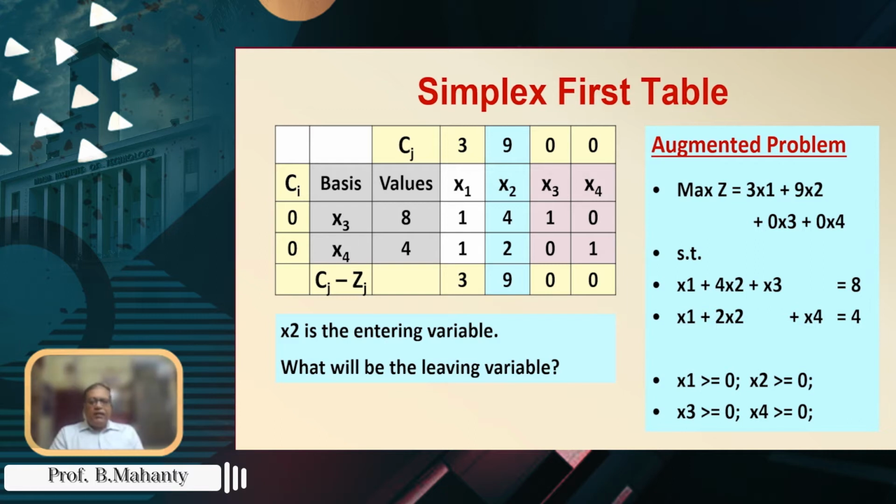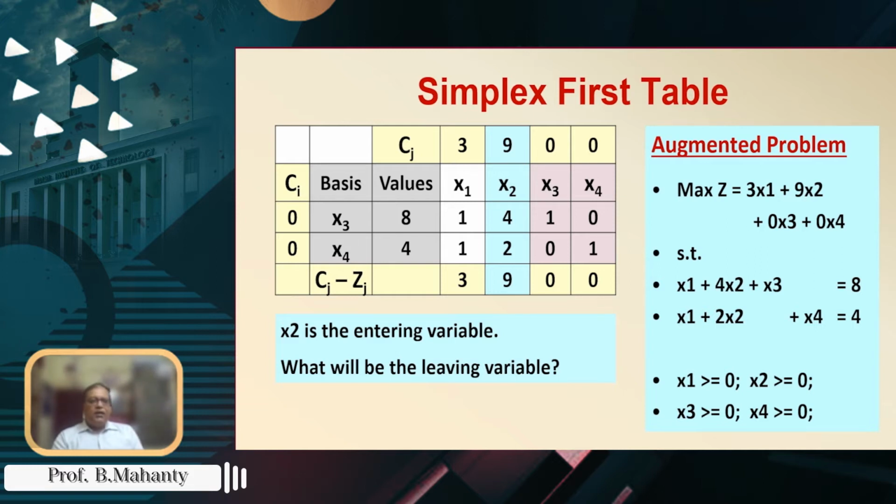If we find a tie in the leaving variable. Is it all right? So when we find a tie in the leaving variable, we know that two resources have got depleted at the same time, and both are bottleneck resources. Any one you choose, the other one will assume a 0 value in the next table.